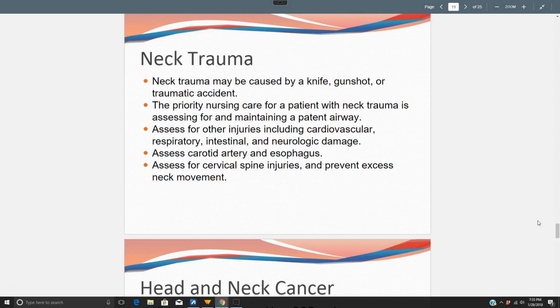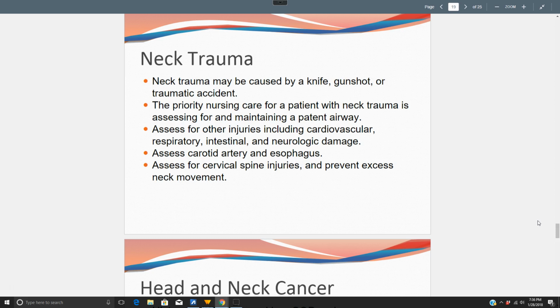They may have to do some kind of gastrografin swallow to root out any type of esophageal perforations or injury. And again, cervical spine injuries, okay, is very important to make sure the patient will not have any long-lasting spinal problems. So be very careful.